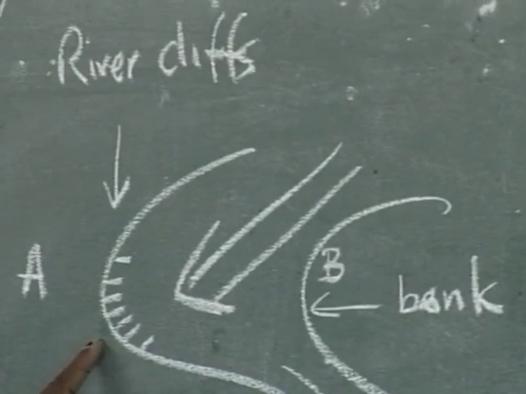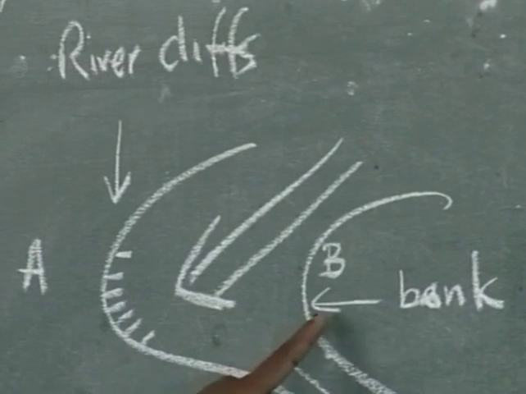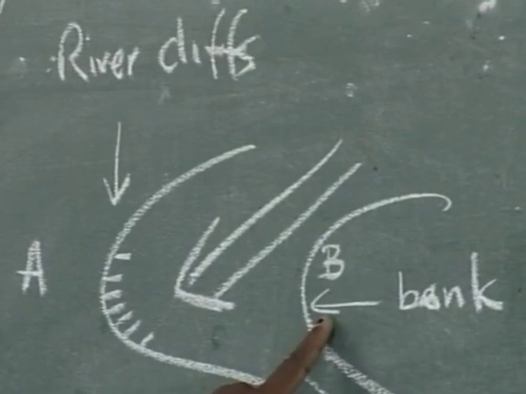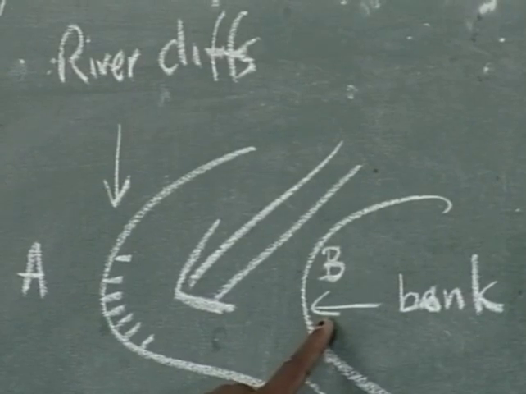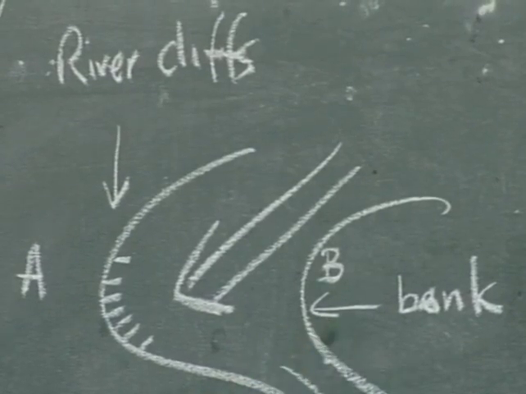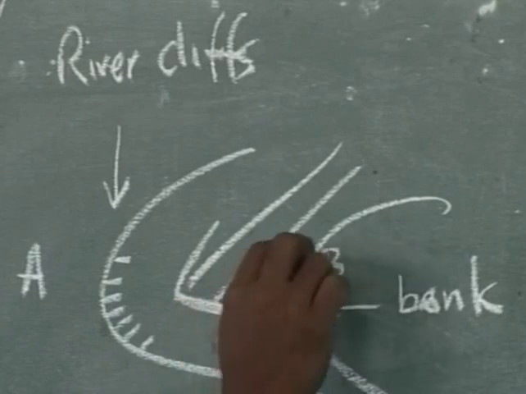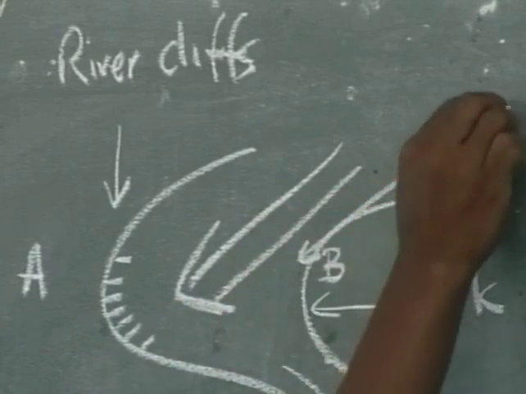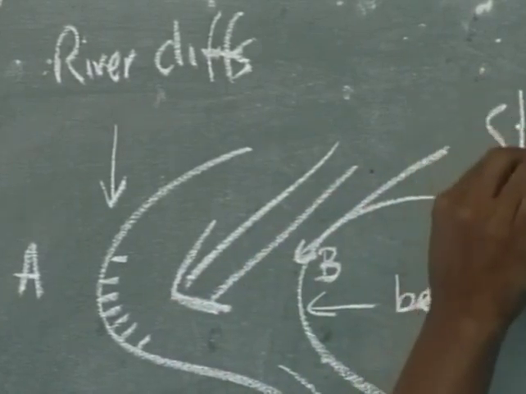Meanwhile, the opposite of this will be the B side. On the B side, there is little or no erosion. Therefore, what feature is created? Yes, the slip-off slope.